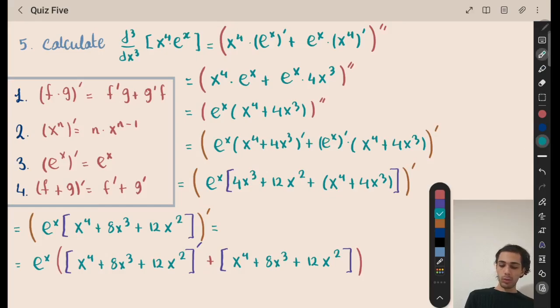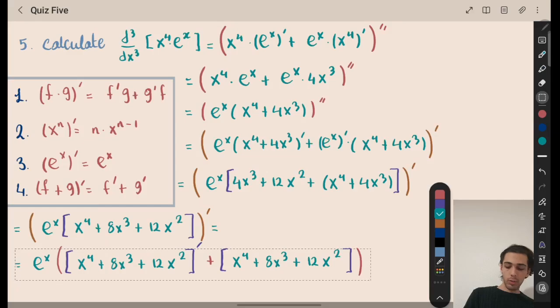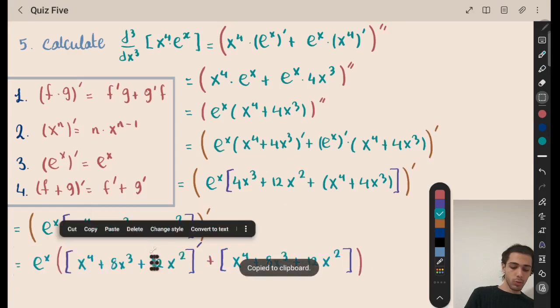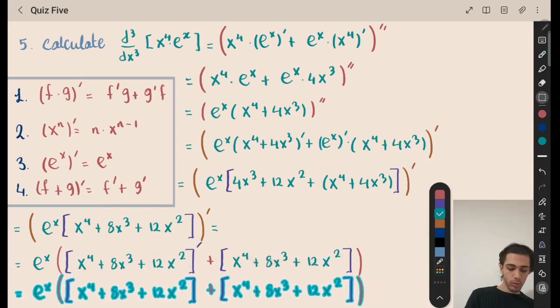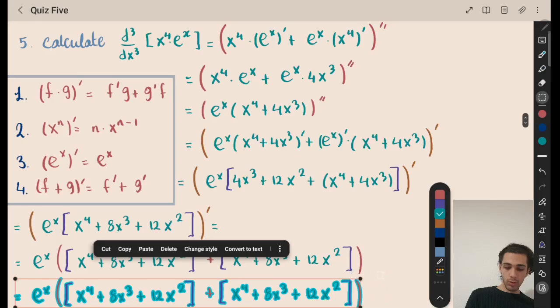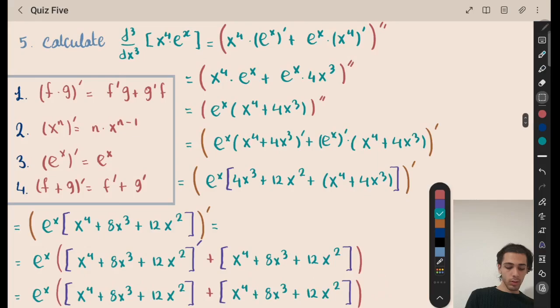And so finally, I think I will copy this just one more time. Paste it here. And notice that we still need to take the derivative of this thing.